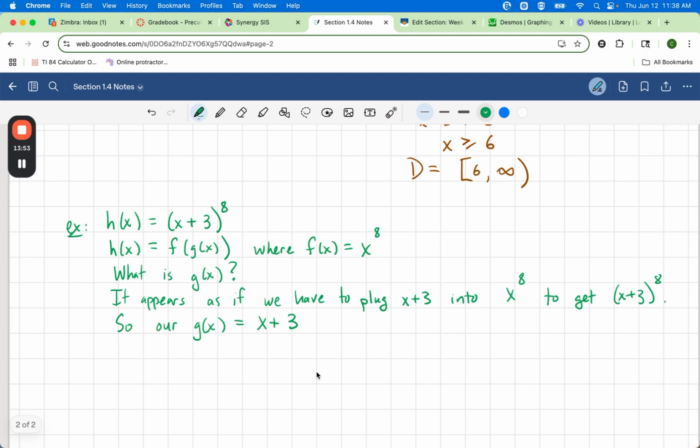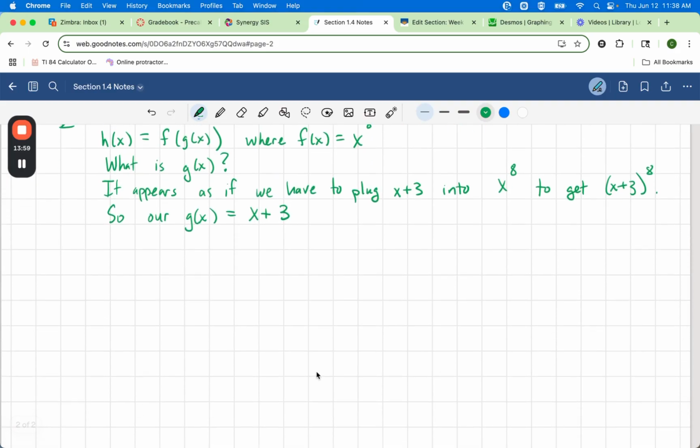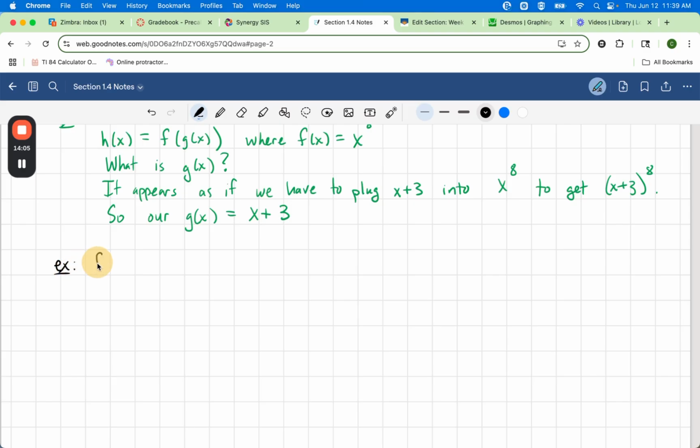All right, one last question and we'll wrap this section up. This is going to be algebraically how to figure out f of g of x given two functions. We kind of did it in that domain example. If I have f of x equals x squared minus 10 and g of x equals 3x minus 5, we want to find a couple things. We want to find f of g of x first.